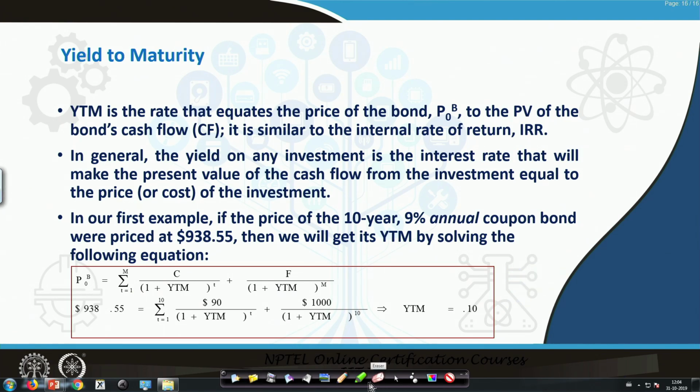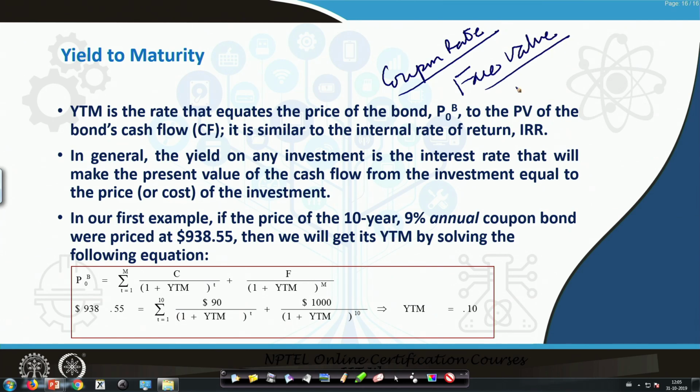Whenever we talk about the coupon rate, this is a rate. Whenever we talk about the interest rate, we basically consider it on the basis of the face value of the bond.